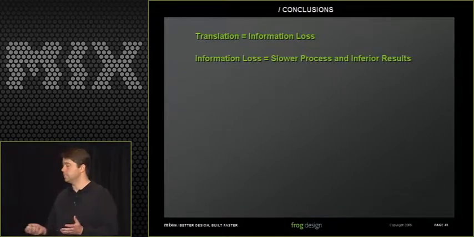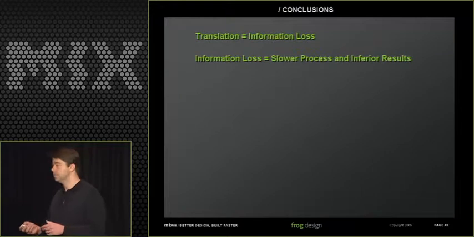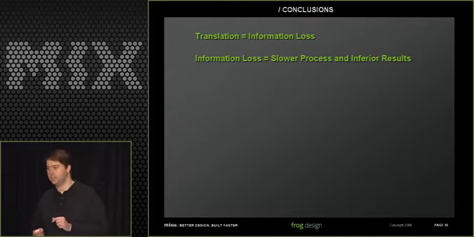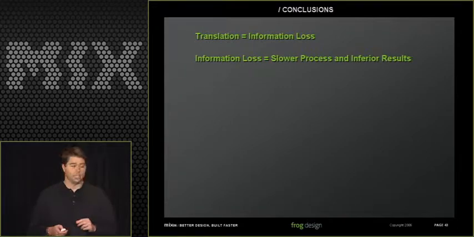So the net result is the information loss results in a slower process and inferior results. And the inferior results really come from that information loss, that some of the ideas that were there in the beginning don't make it through to the end or get modified en route. It's like a long game of telephone, where you have all the people on the team trying to figure out what the other one's trying to achieve.